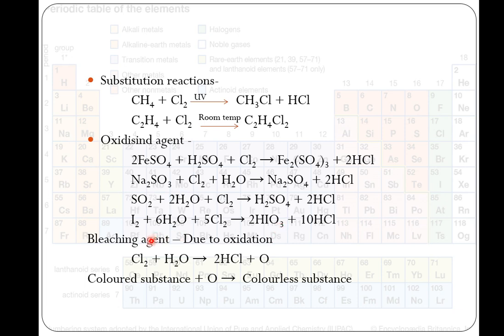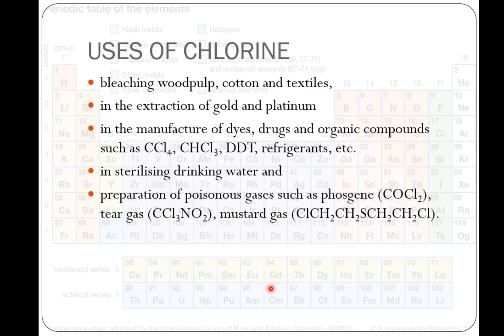It is a powerful bleaching agent and the bleaching action is due to oxidation. Chlorine on reaction with water gives us nascent oxygen. This oxygen is responsible for the bleaching action of the material. So a colored substance on reaction with this oxygen changes to a colorless substance.